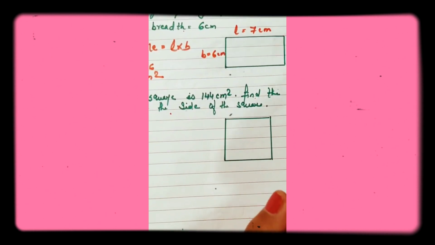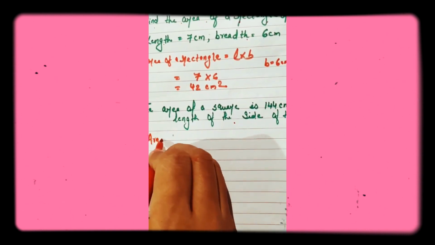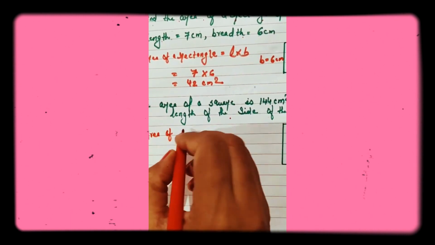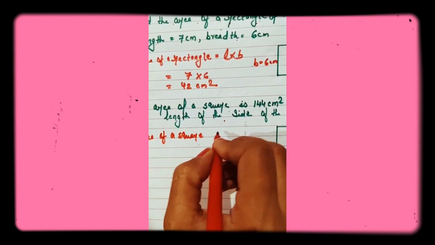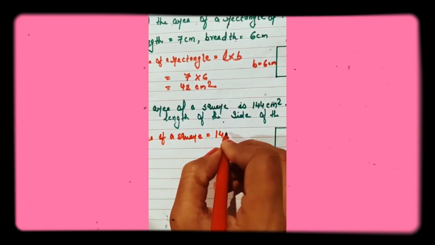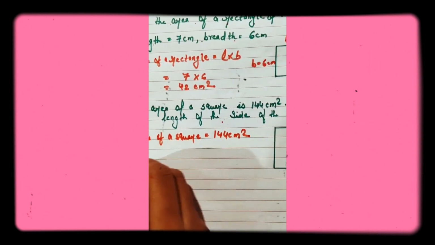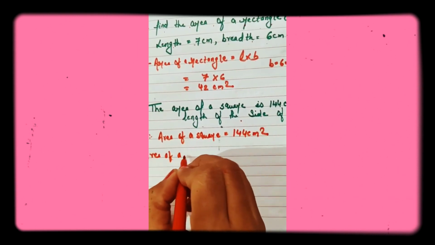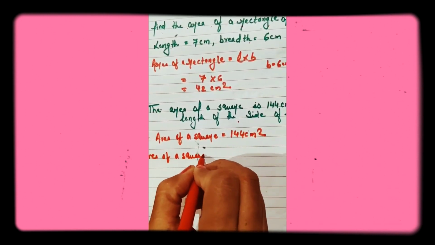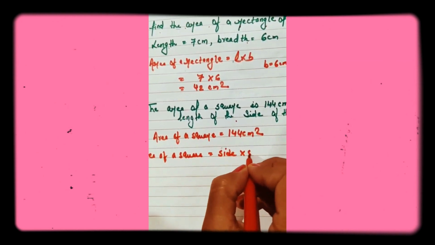So you have to write here area of a square equal to 144 centimeter square. Now area of a square formula is side into side.